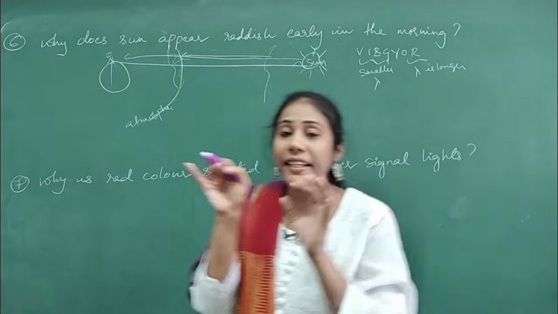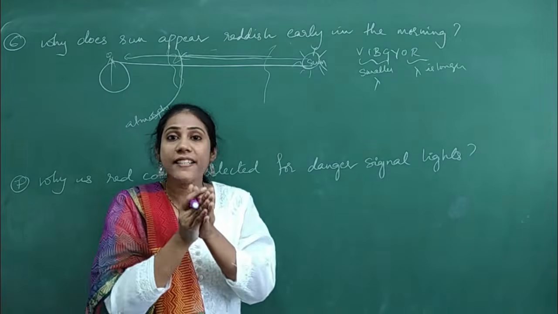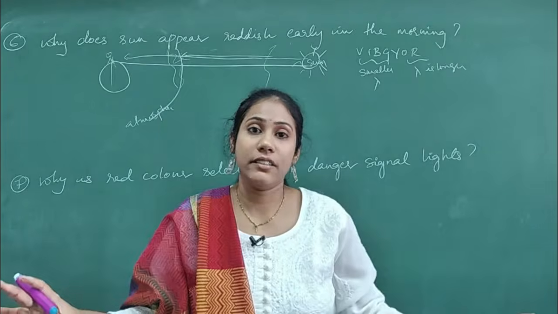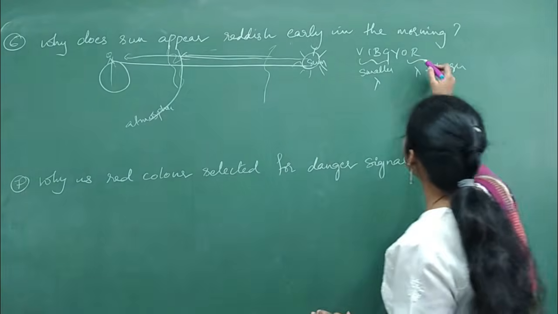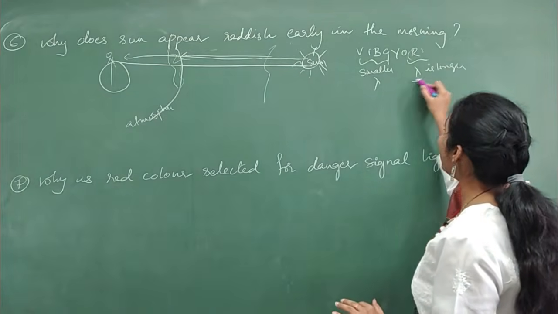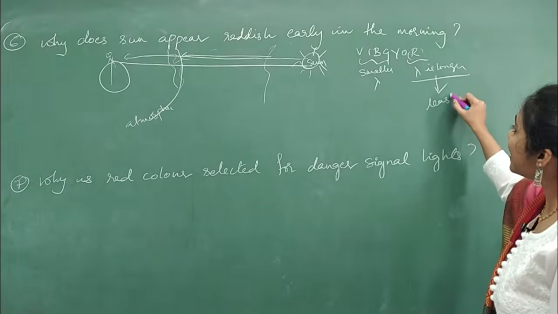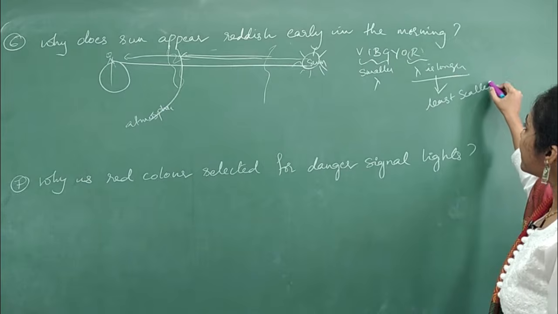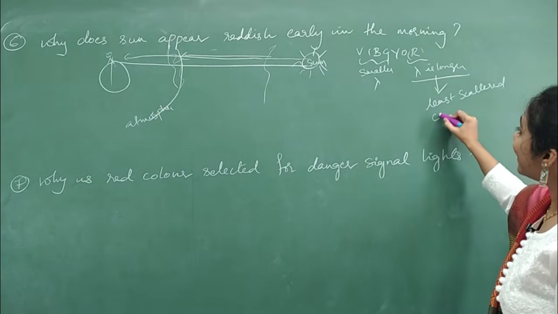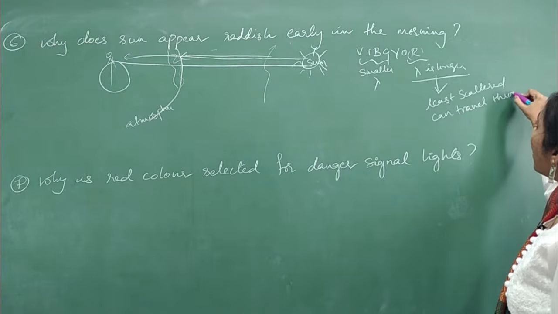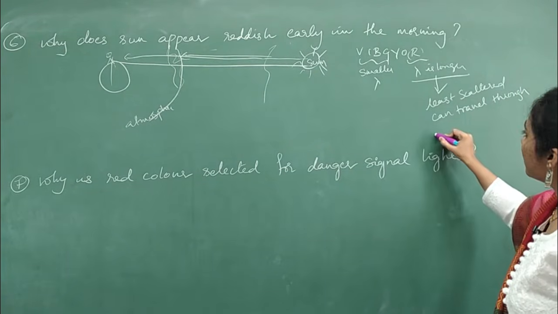Remember guys, the radiations whose wavelength is smaller will get scattered very, very early. Now the red radiation's wavelength is longer, so this particular radiation is least scattered, and it can travel through long distances.